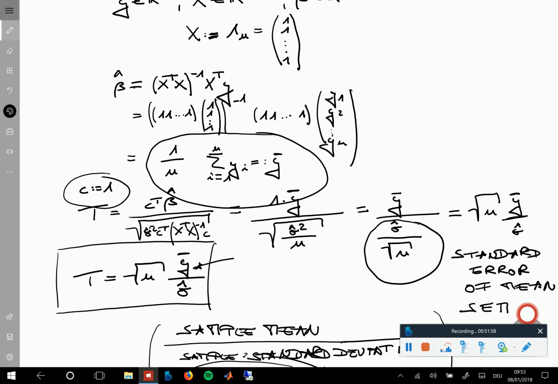It just leaves the average here, because the beta hat estimate turns out to be the average. You can also view it like this: it just works in this case to come to this formula. If you set the C to 1, then the thing works.